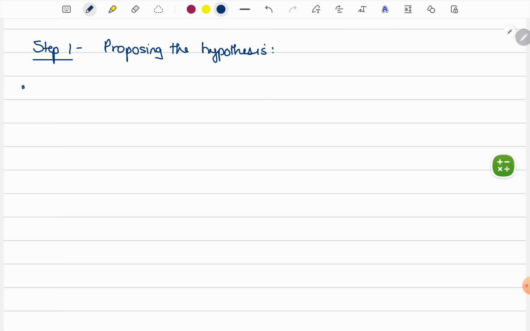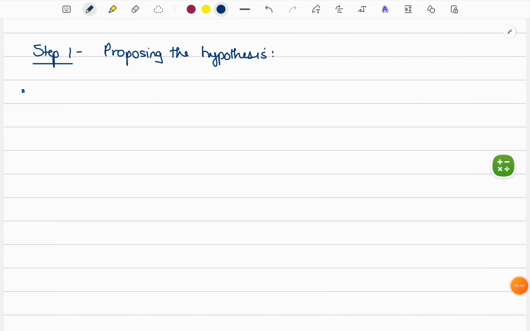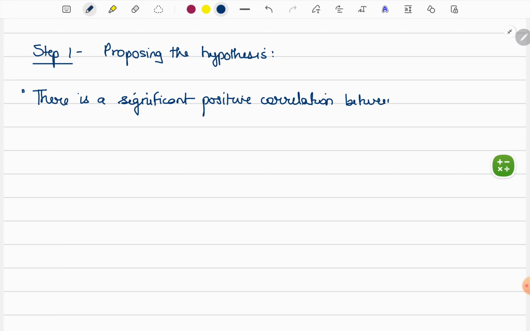So the hypothesis I am proposing is: there is a significant positive correlation between scores on the psychology test and sociology test.